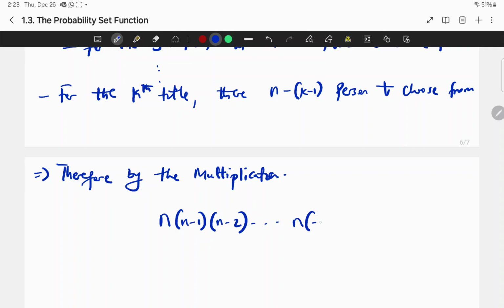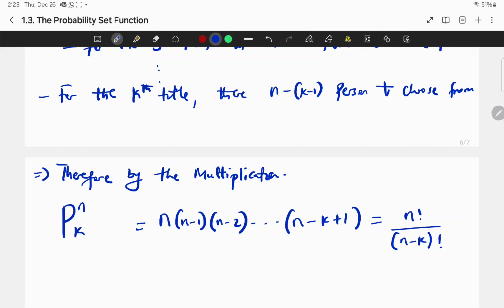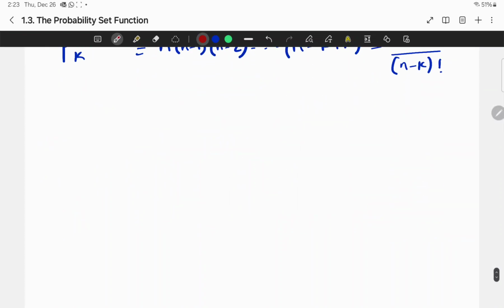The last title, we have n-k+1 to choose from, and this goes to n factorial over (n-k) factorial, and that's the definition for permutation of n for k titles. So lastly, we have what is called combination.